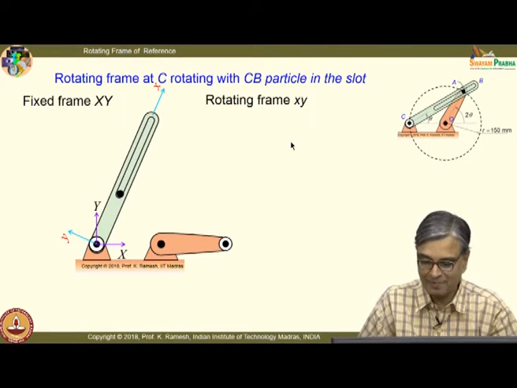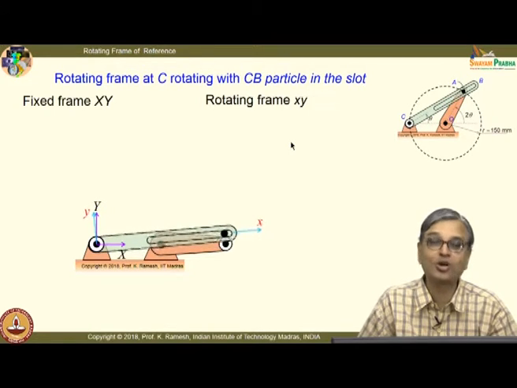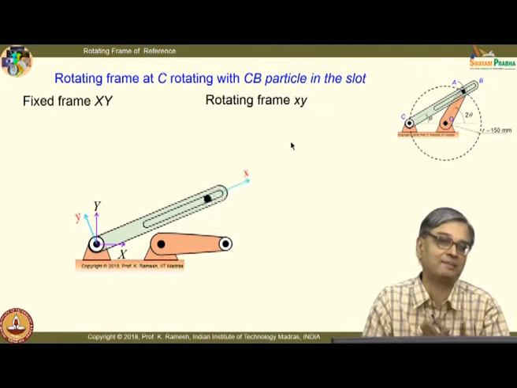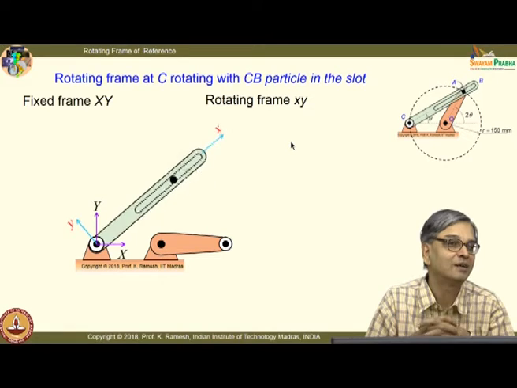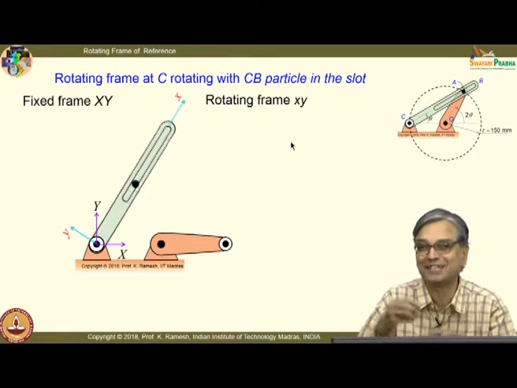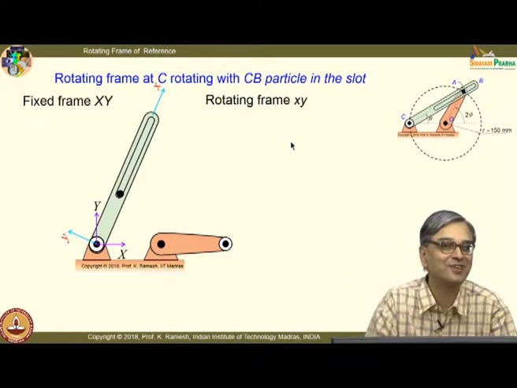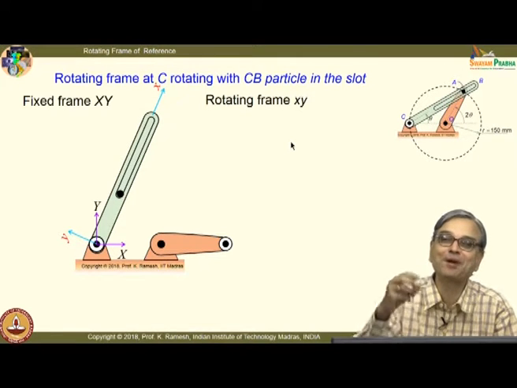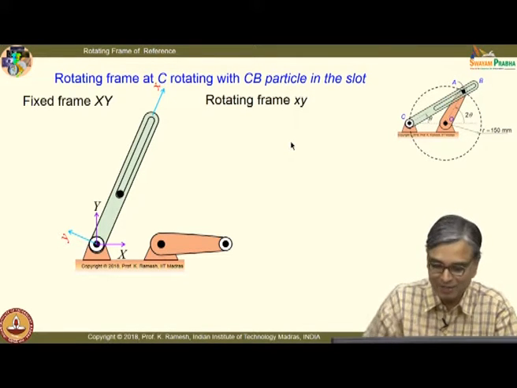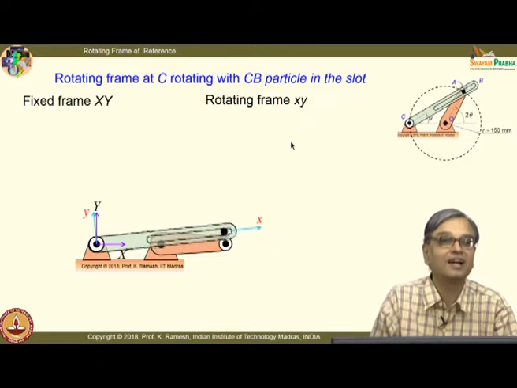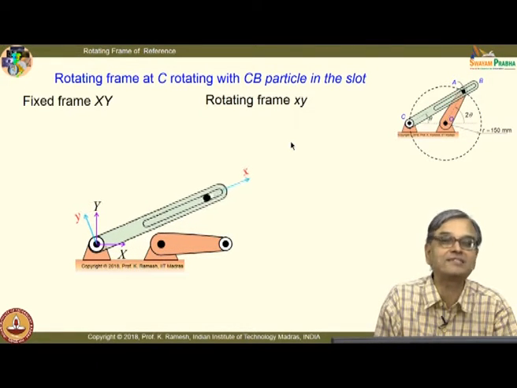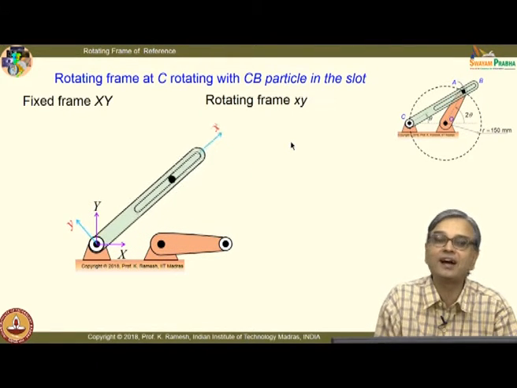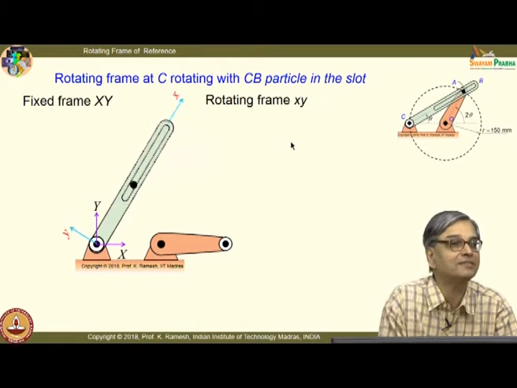Let me also ask you one more thing. Since you are all wedded to your particle dynamics much more than rigid body dynamics, it does not get into you. You resist, you solve any problem from particle dynamics. This is a very good problem in particle dynamics. I have simple polar coordinate system, I am looking at r dot and theta dot, that is what the problem is.